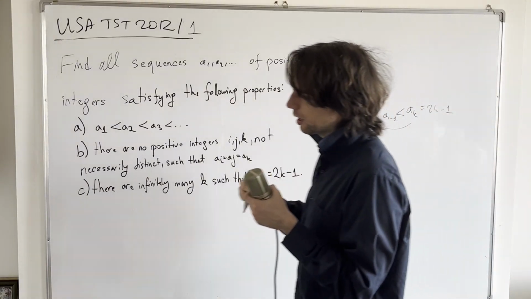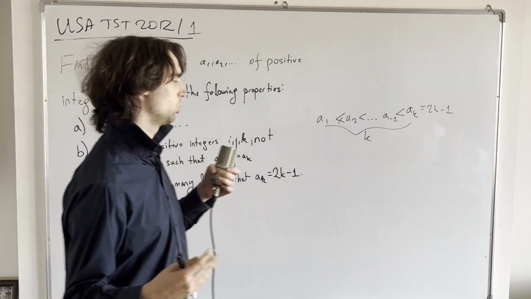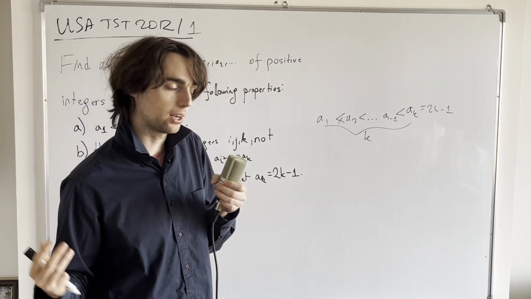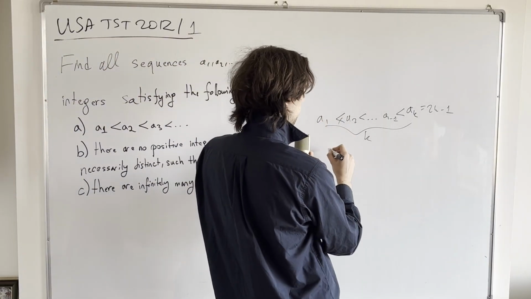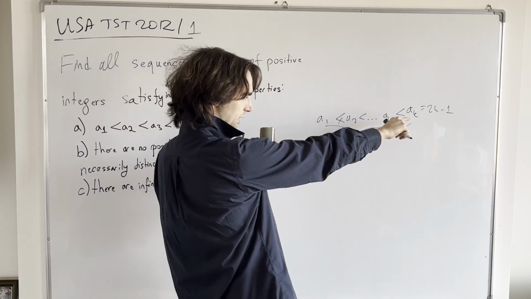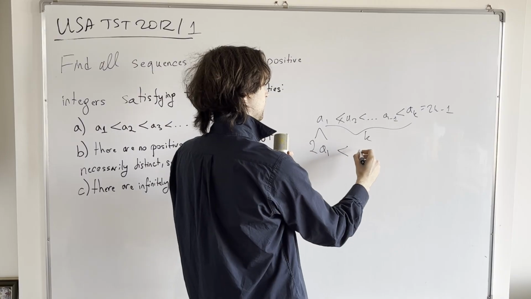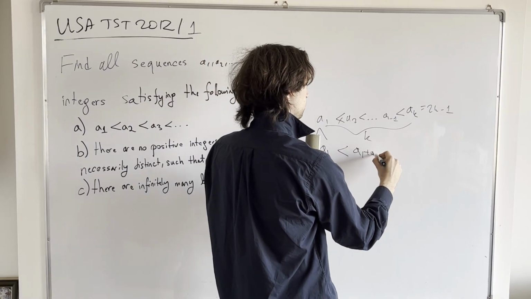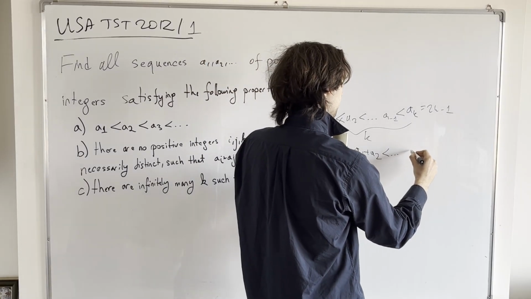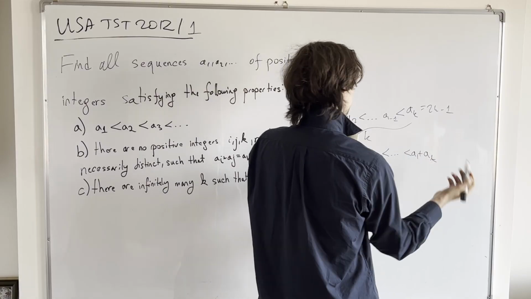Now we can look at sums on one hand, but what can we also look at on the other hand? For example, we know that 2 times a_1 isn't any one of these. I mean, 2 times a_1 is bigger than this, less than a_1 plus a_2, less than all the way till a_1 plus a_k.